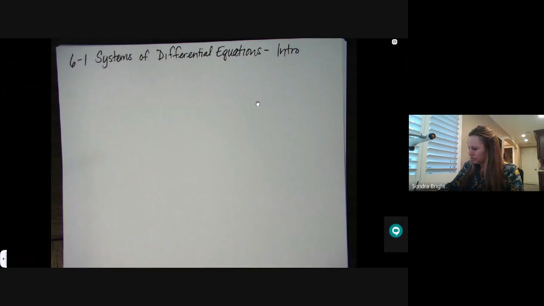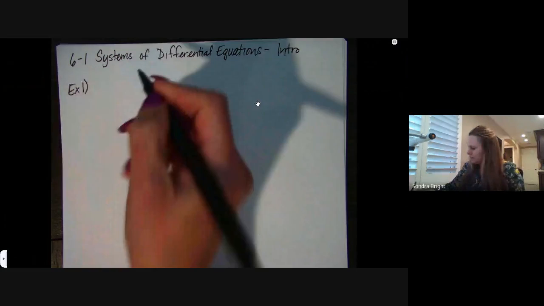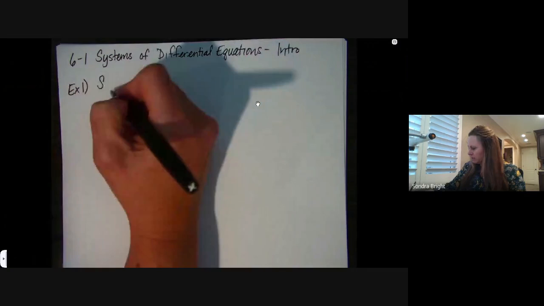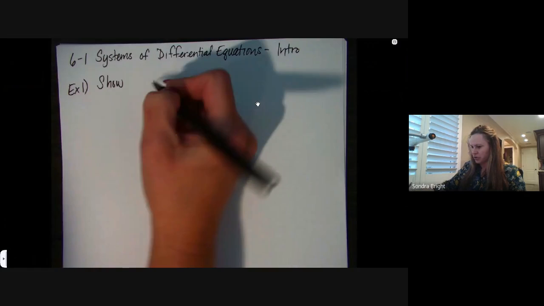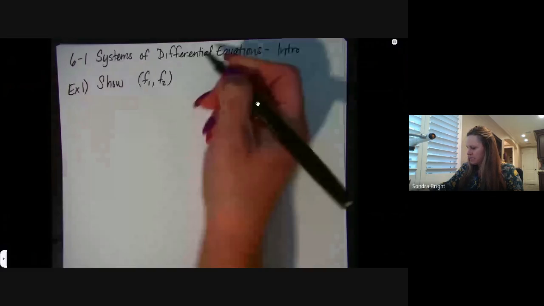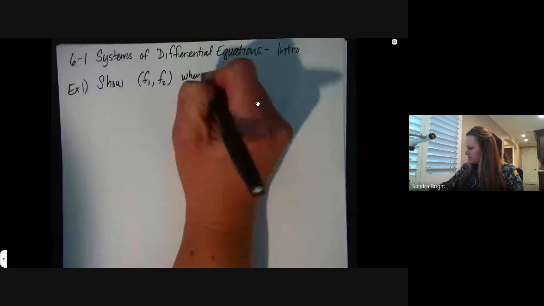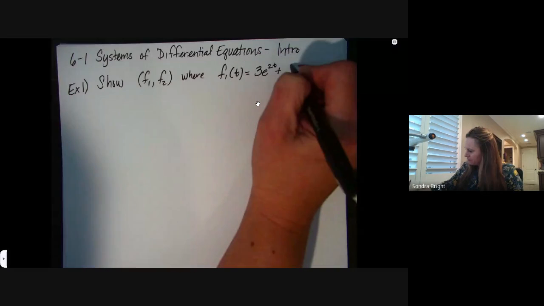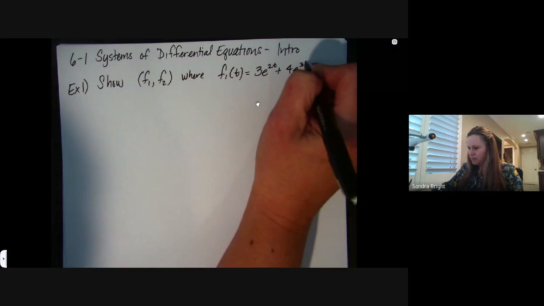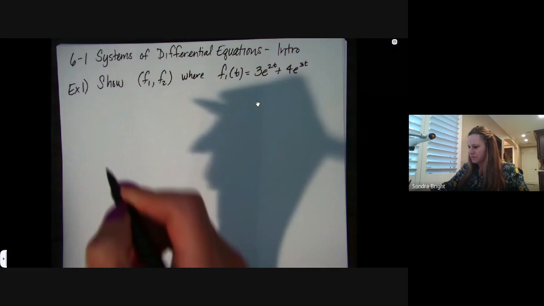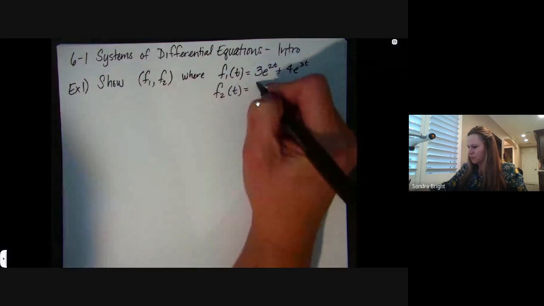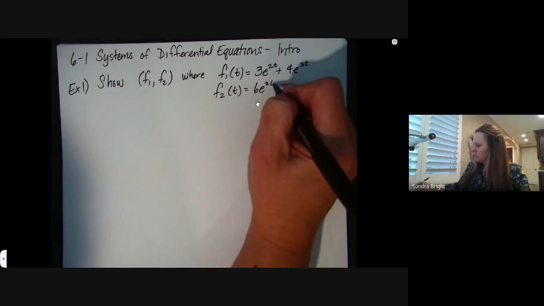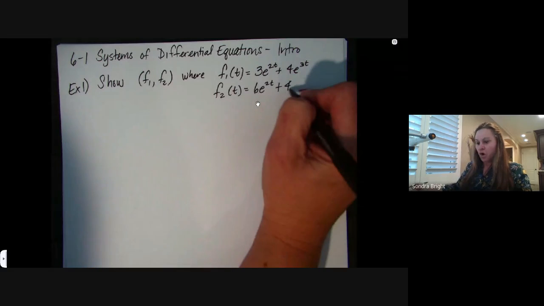Let's start with the first example, which says to show that the ordered pair of functions, f1 and f2, where f1 of t is 3e to the 2t plus 4e to the 3t, and f2 of t is 6e to the 2t plus 4e to the 3t, that these are, for all t, right?